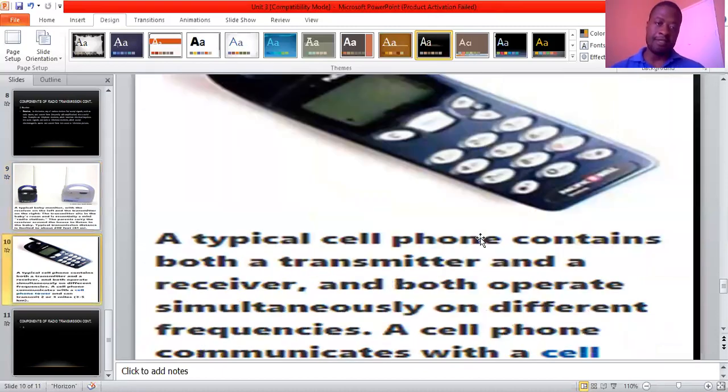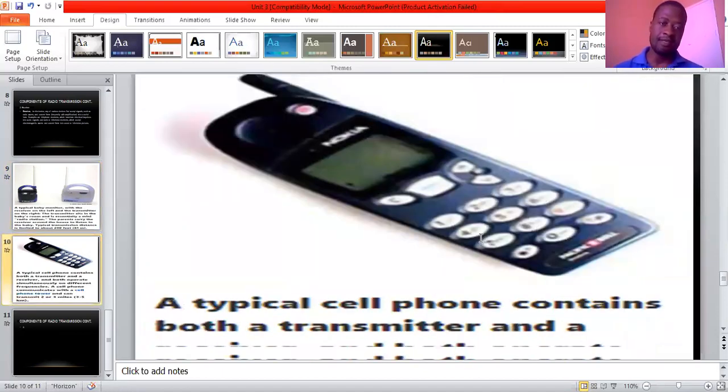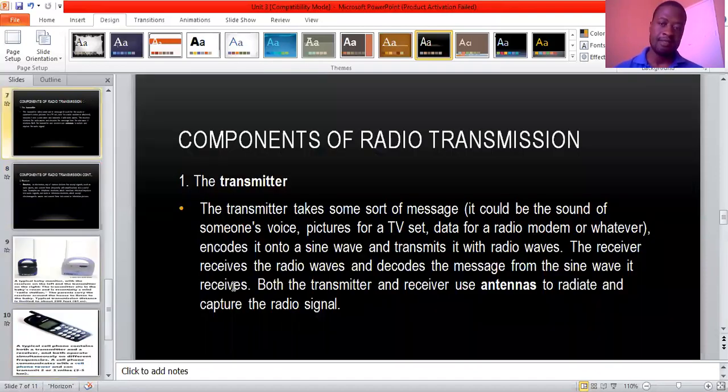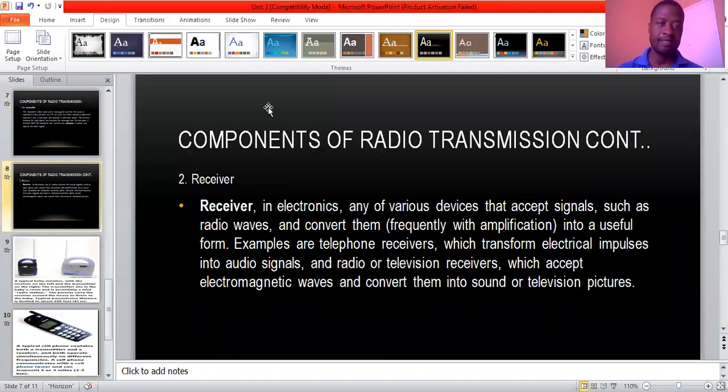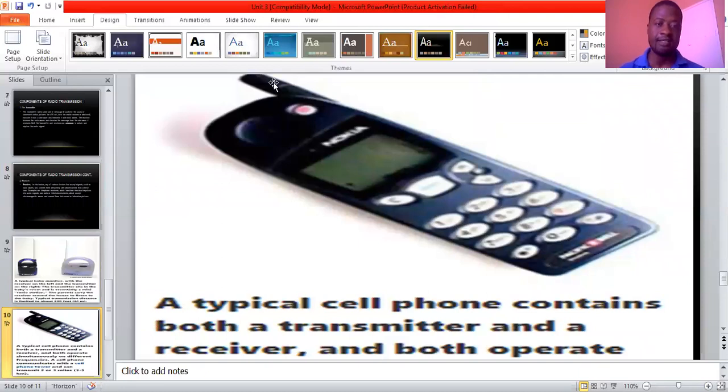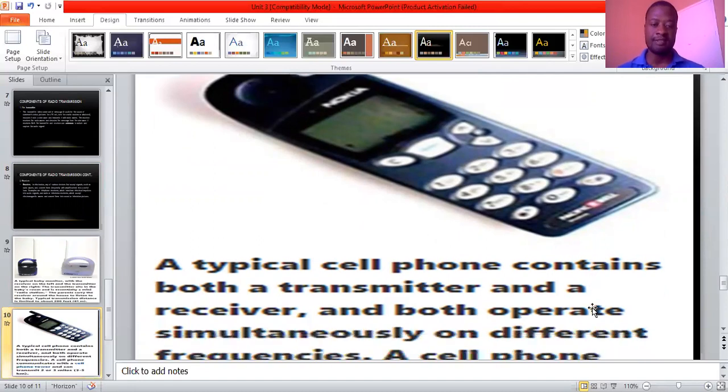And then the phone. This is the old phone that we normally use. It has an antenna and contains a transmitter and a receiver, and both operate simultaneously on different frequencies.